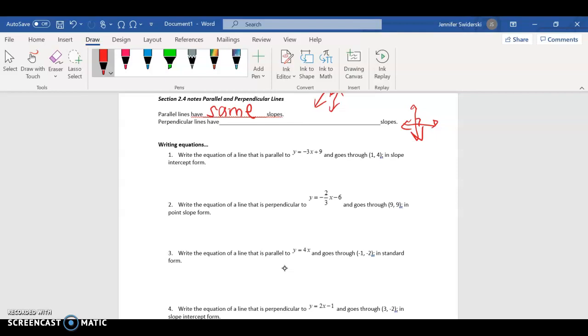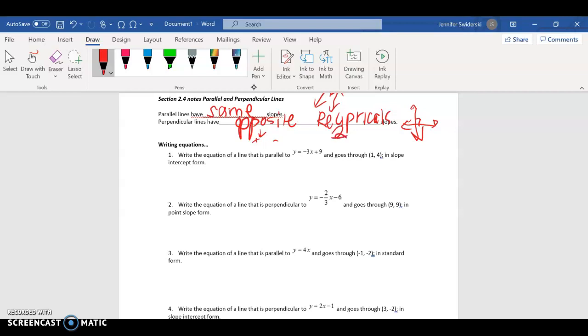And perpendicular lines have opposite reciprocals. Okay, opposite meaning opposite signs, so a positive sign and a negative sign. And a reciprocal is basically, when I was teaching sixth grade, I taught reciprocals.